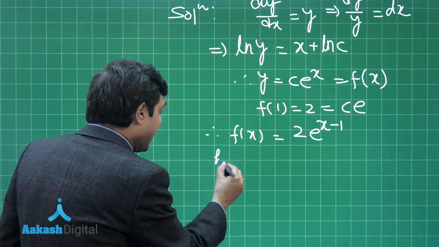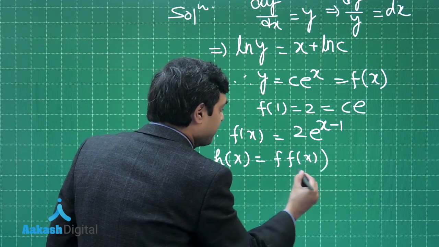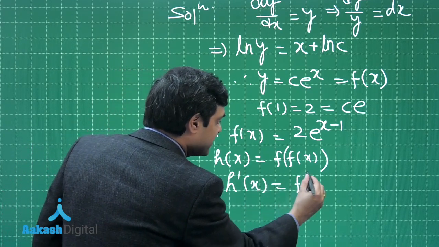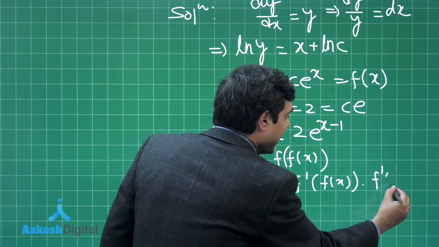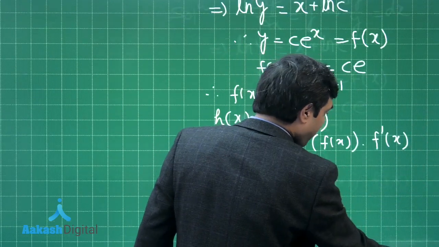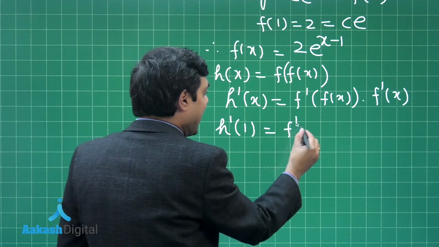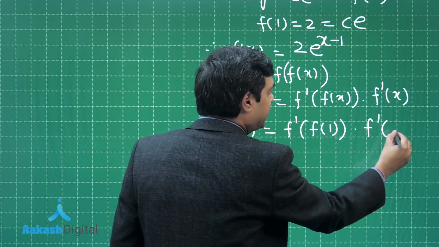Now, h(x) is f of f(x). We need derivative. Let us find out. This is f dash f(x) into f dash x. We need the derivative at x equals 1. So, h dash 1 is f dash f(1) into f dash 1.